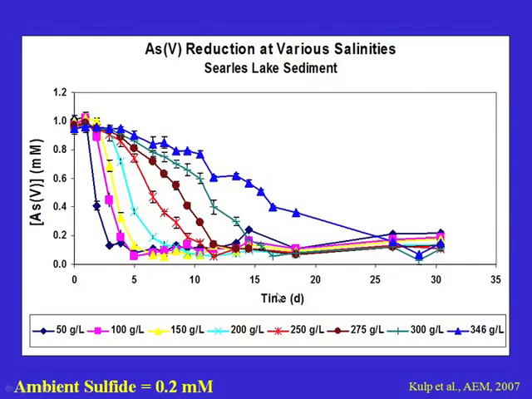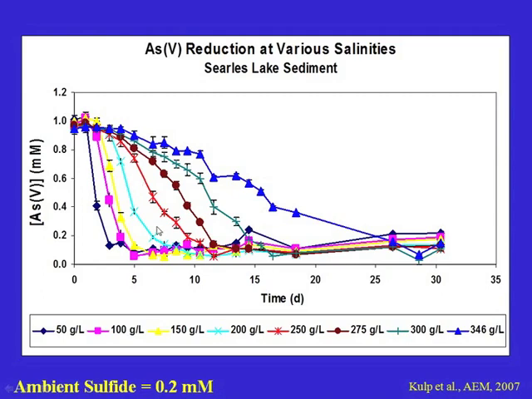In a subsequent paper, we looked at the effects of salinity on arsenate reduction in the Searles Lake sediment. In this case, I just set up microcosms on a salinity gradient, going from 50 grams per liter up to salt saturation at 346 grams per liter. And as we saw in the last experiment, we do have microbial reduction of arsenic 5 at salt-saturated conditions in the Searles Lake community.